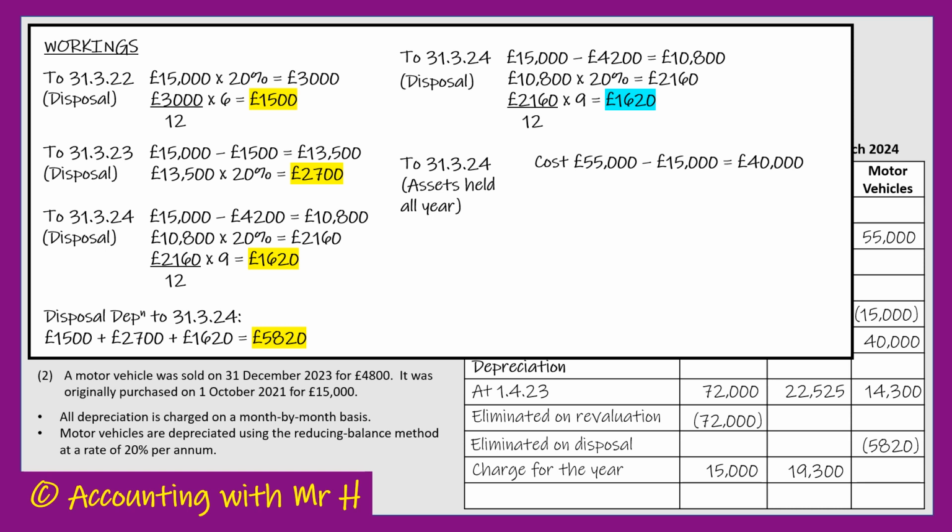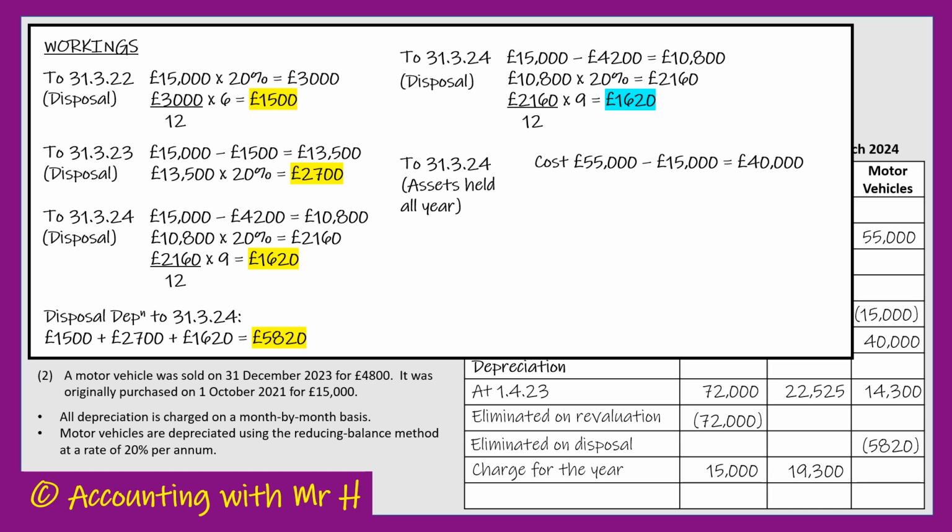And if I look back over at my yellow highlighted figures, they depreciated the vehicle they disposed of by 1,500 in the first year and then 2,700 in the second year. Both of those figures will be included in that £14,300. The 1,620 won't be because that's only been done this year, so that wouldn't have been in the balance at the start of this year.